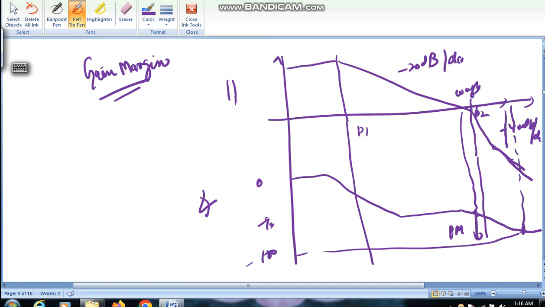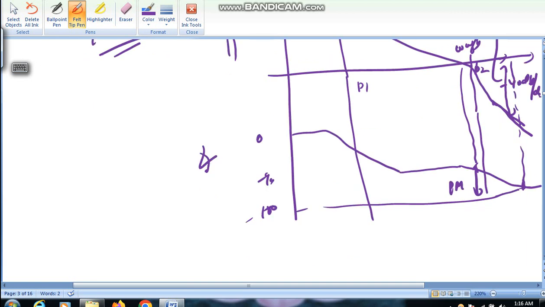This value of gain is known as gain margin. And this is our omega axis.